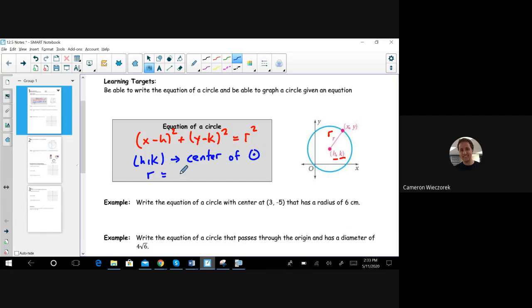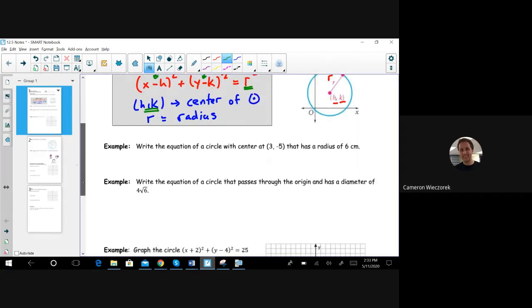And r is the radius of the circle. And again, notice in the equation it's r squared, so you got to make sure you square that radius if you're writing the equation. And the other thing you need to be careful with is those minus signs. Whatever shows up here, you got to switch the signs when you put it in the equation.